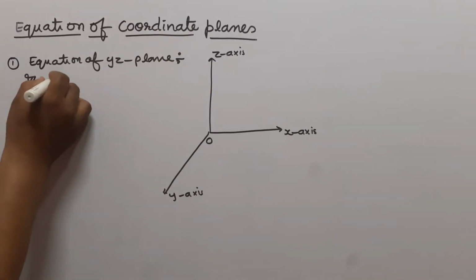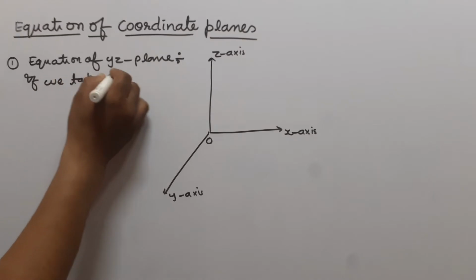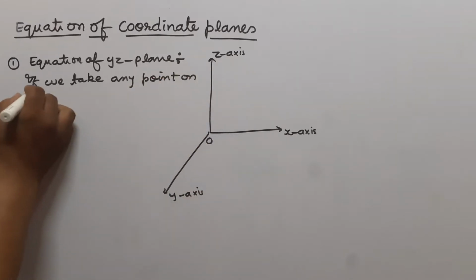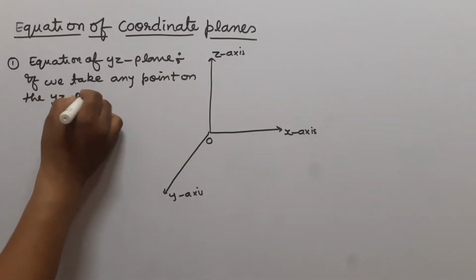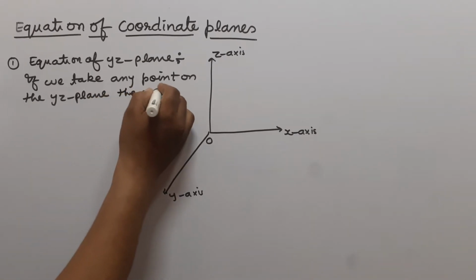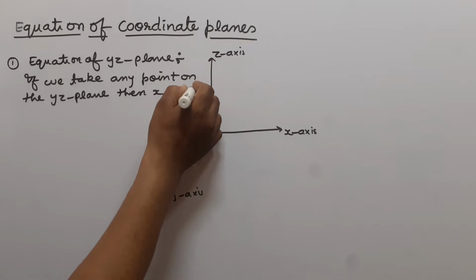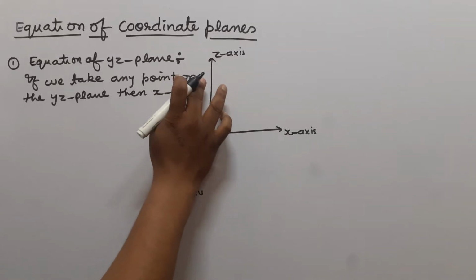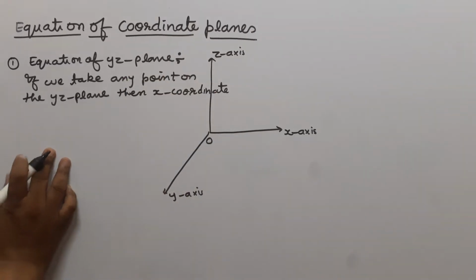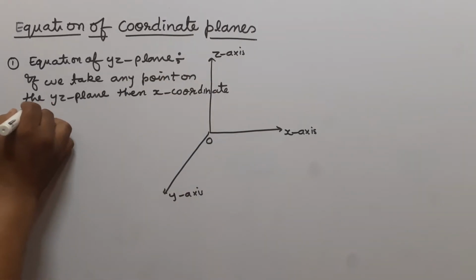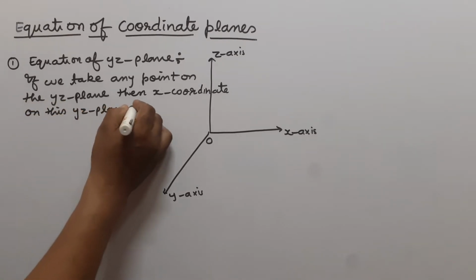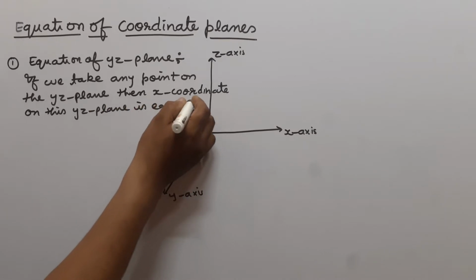If we take any point on the yz plane, then the x coordinate on this yz plane is equal to 0.